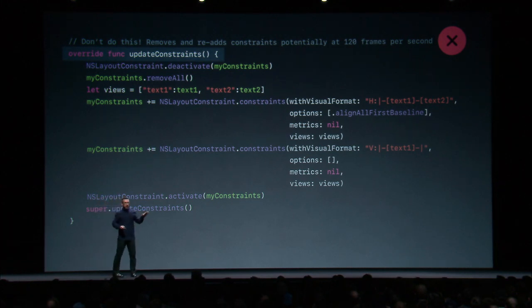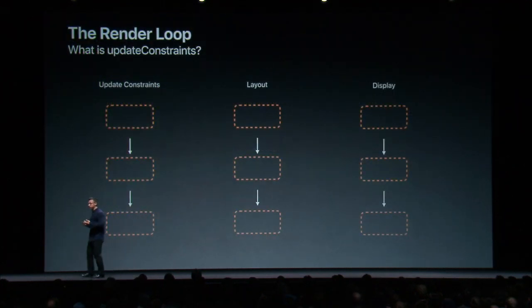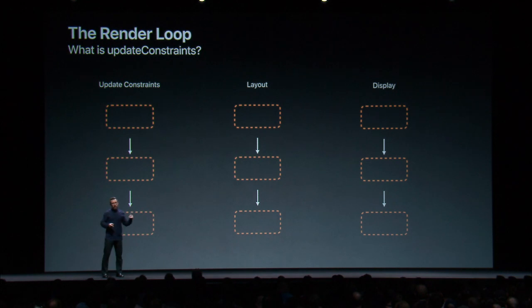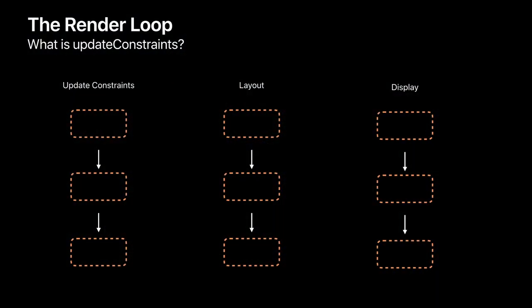So the first thing to understand is what exactly updateConstraints is, this method we're overriding. Well, it's one component of the render loop. The render loop is the process that runs potentially 120 times every second that makes sure all the content is ready to go for each frame. It consists of 3 phases: update constraints, layout, and display.